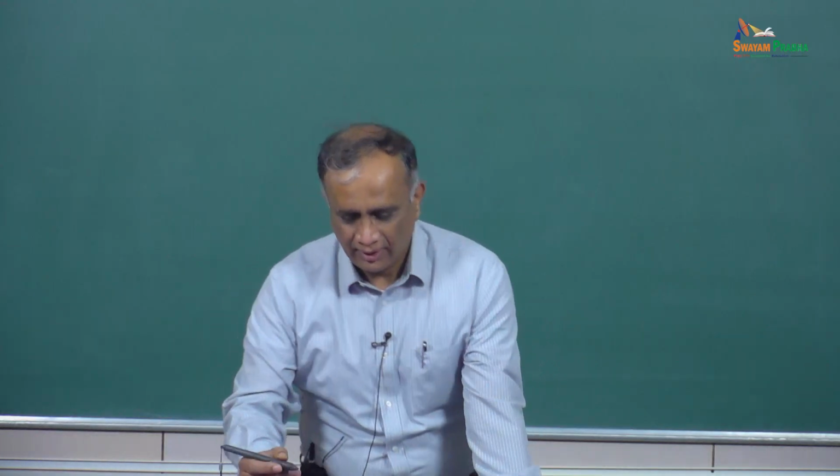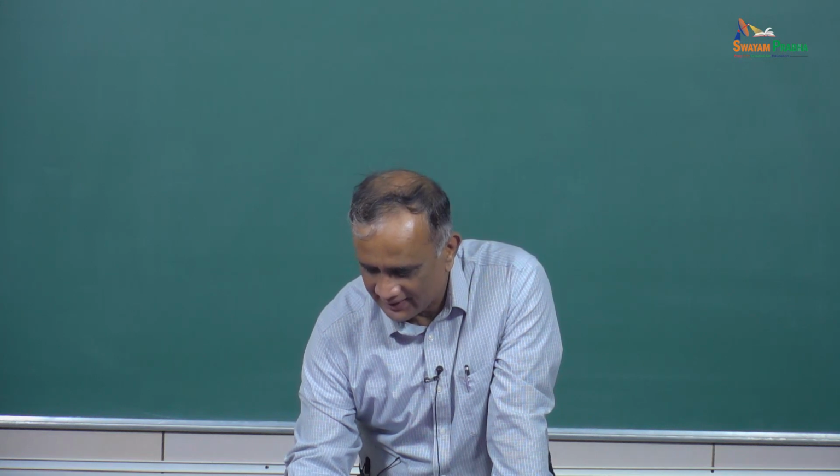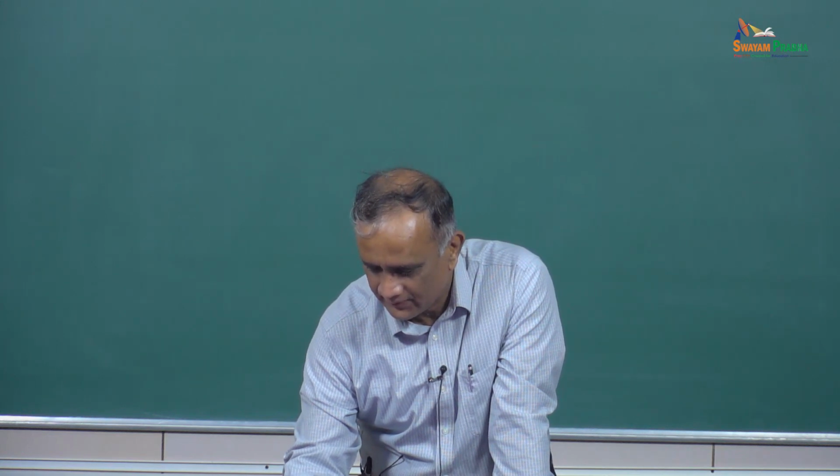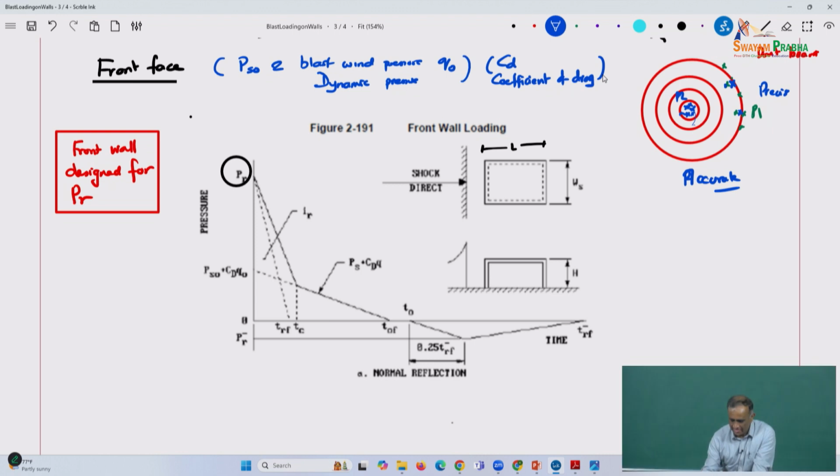So, if CD is the coefficient of drag, what we see here in the front wall is the pressure versus time curve. PR is the peak value, but in general the pressure versus time curve has various components.